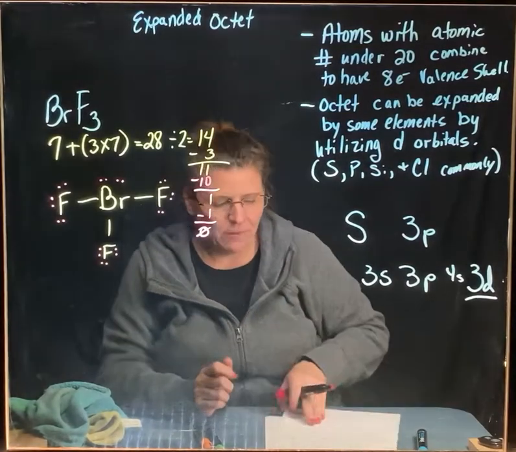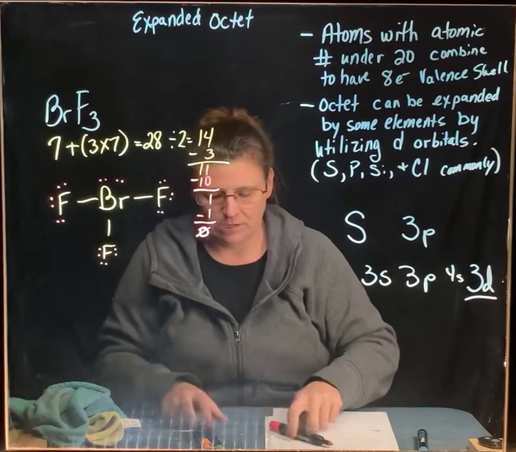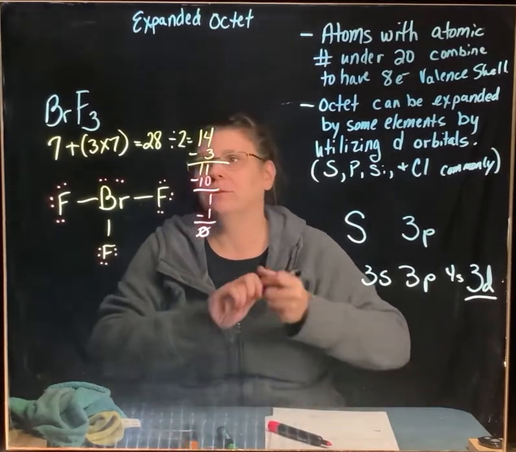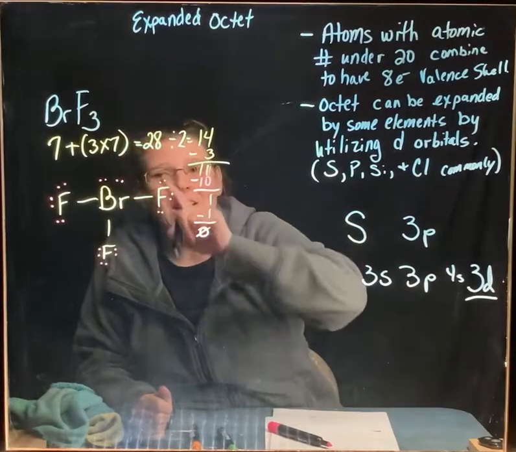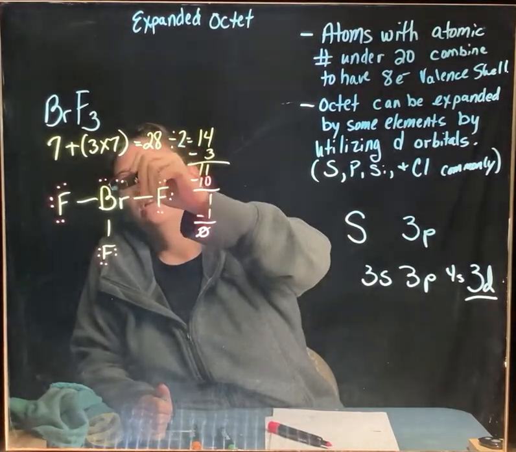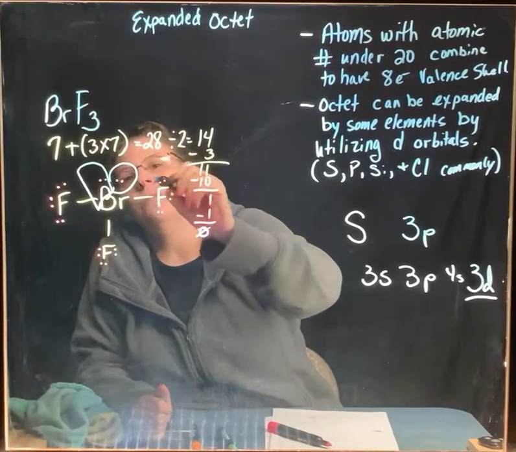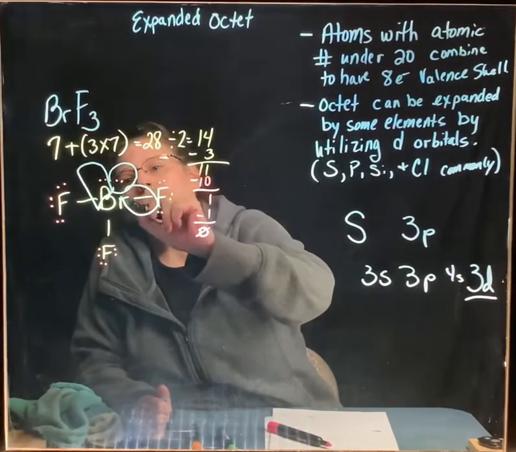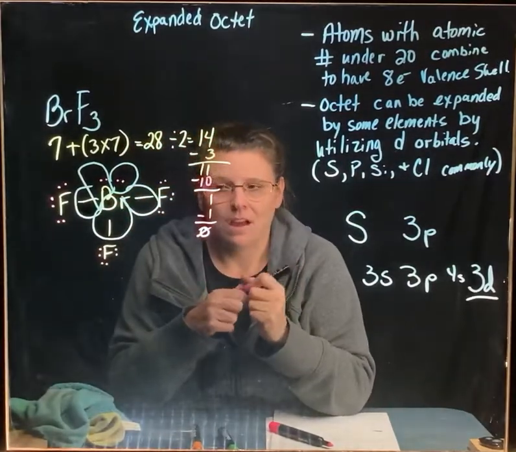Now we have to count regions, electron pair regions. If we count electron pairs, and we're still working with a central atom, there's 1 region, 2, 3, 4, 5 regions of electrons.